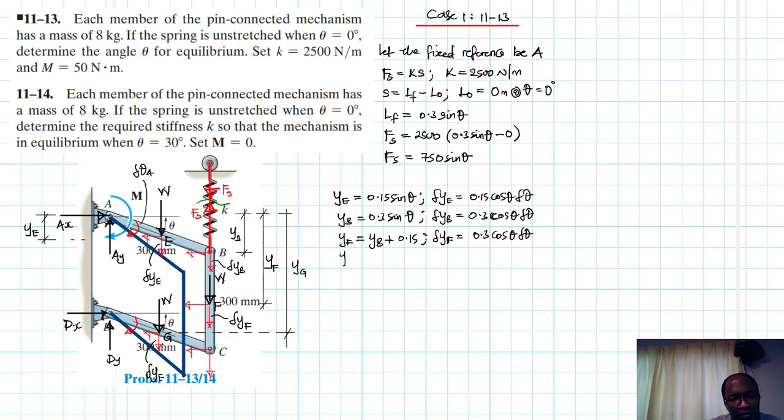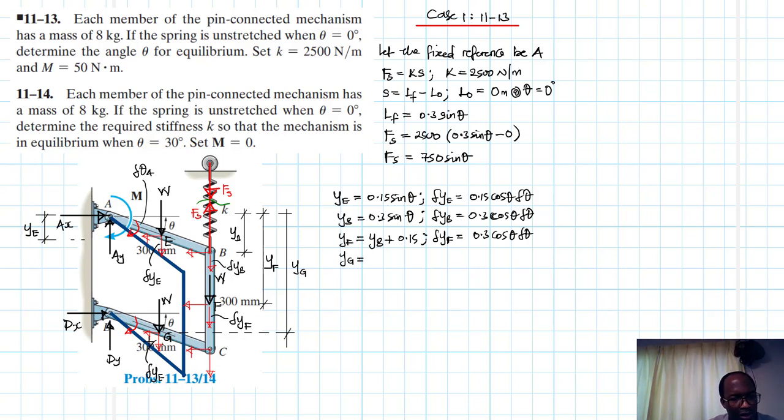Then we have yG, and yG is going to be equal to, so we do have this length here, which is just 300.